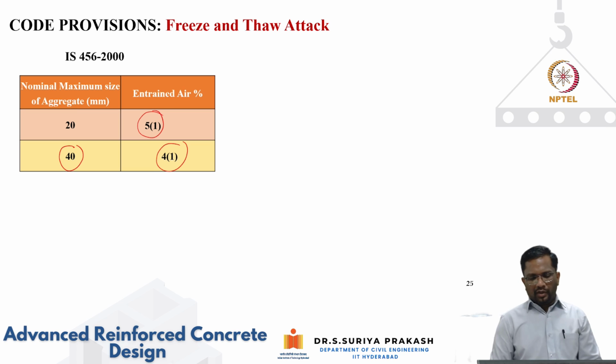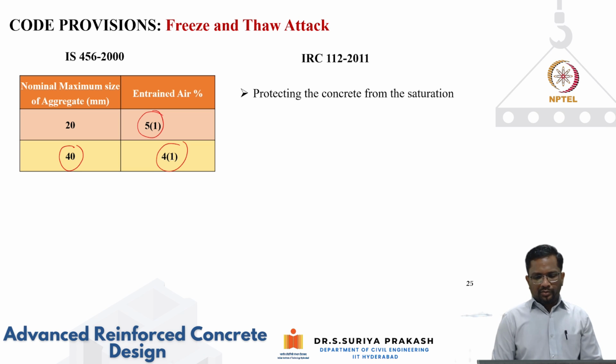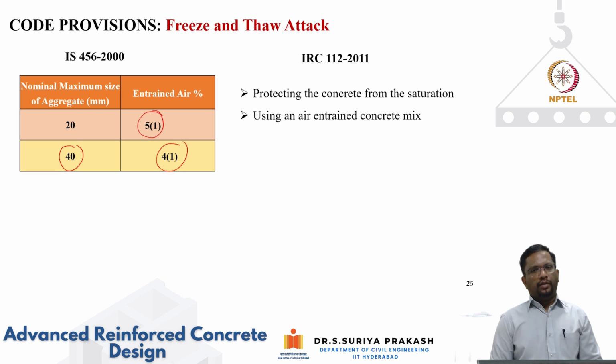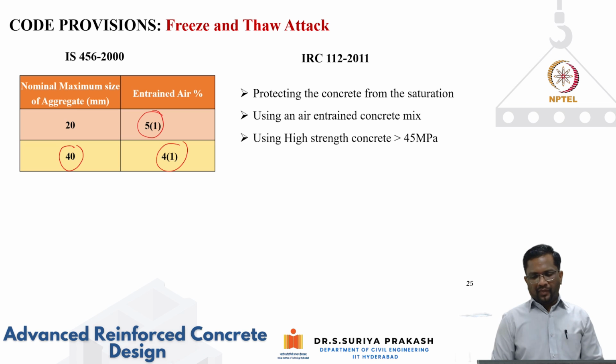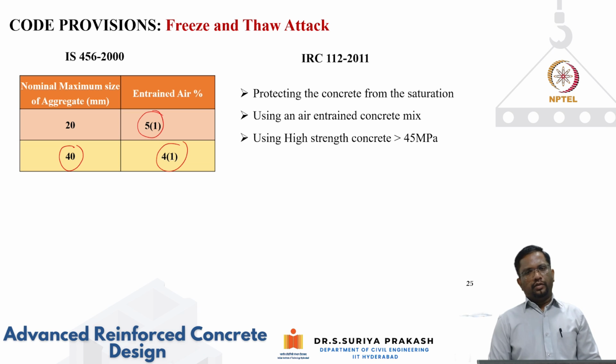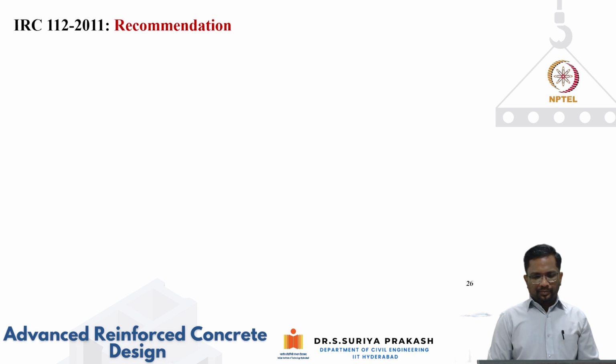That is what the code is specifying. IRC tells that you have to protect the concrete from getting saturated, and it also recommends using an air entrained concrete mix to tackle freeze and thaw. They are also saying to use high strength concrete. The moment you go for high strength concrete, the permeability is going to be low, and it will not let the water ingress. So that is the idea.